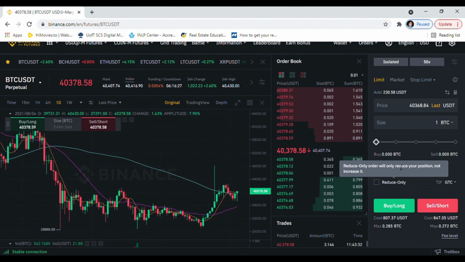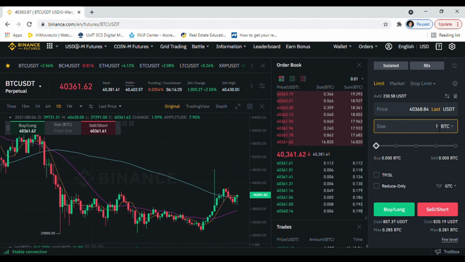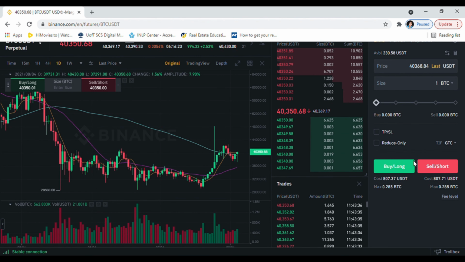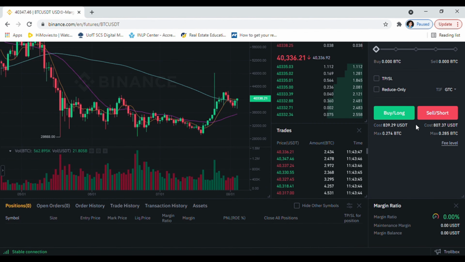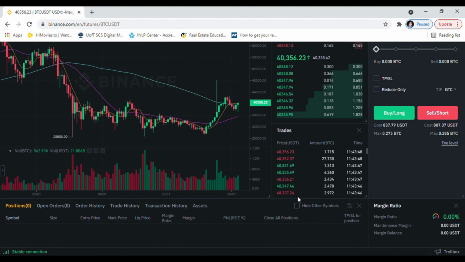So you put the amount of Bitcoin you want to use here, and then depending on what position you want to take, either buy long or sell short, you click on that. Once you place that order, let's scroll down to the bottom.